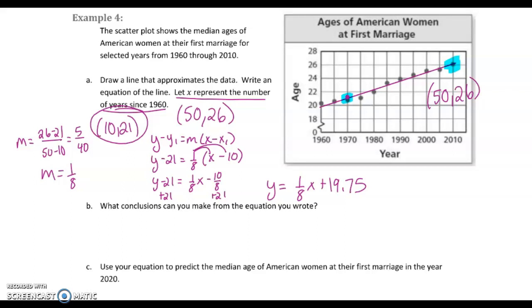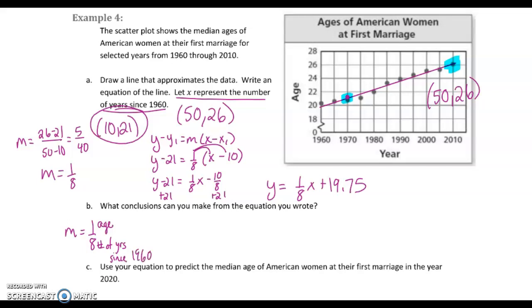Okay, and it says, what conclusions can you make from the equation you wrote? All right, well, your slope is 1/8. And remember I told you guys the top is y, and that's age, and the bottom is x, and that is number of years since 1960.